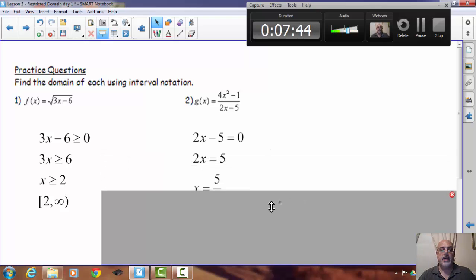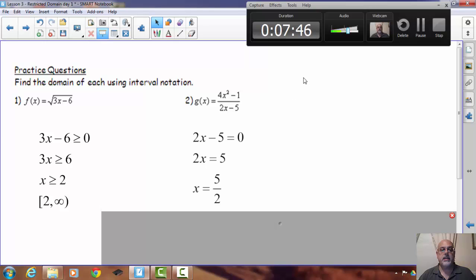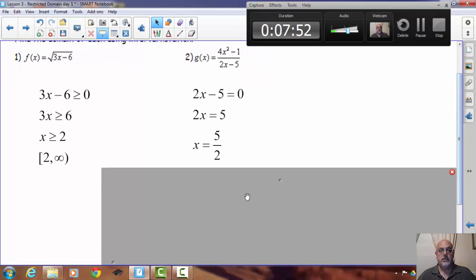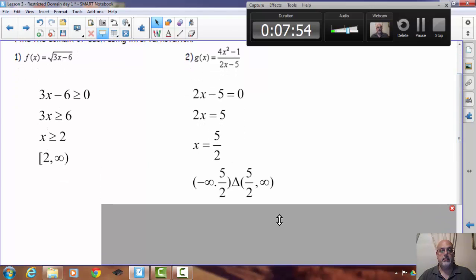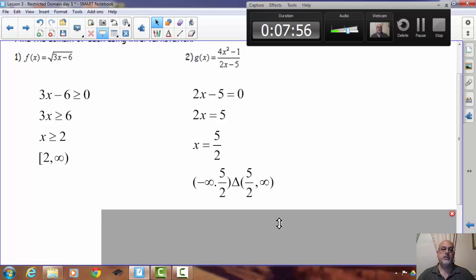We solve that, and we find out that x is equal to 5 halves. So when x is 5 halves, our denominator is 0, and we need to restrict that domain. This is how we would do it in interval notation: from negative infinity to 5 halves, but not 5 halves. Skipping over 5 halves, we have greater than 5 halves to positive infinity.